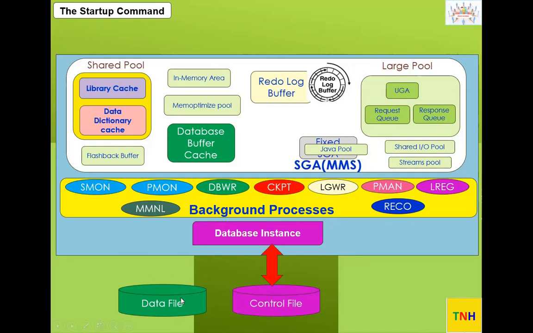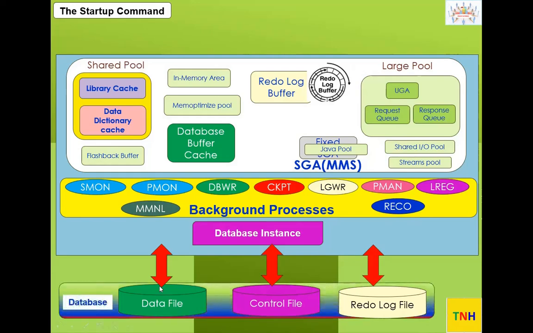So locate the database files and locate the redo log files. Redo log files, minimum we have 3. We can have more. And open them. That means link it up with the database instance. And that will form the physical part of the Oracle database. And now that will complete the open process. That is, third step is completed. So that completes the database open process.